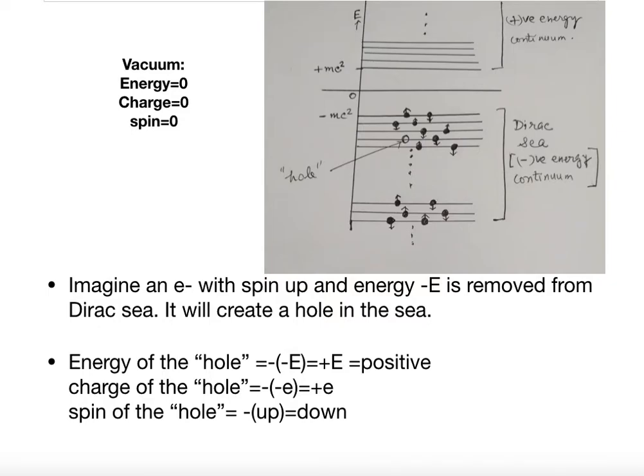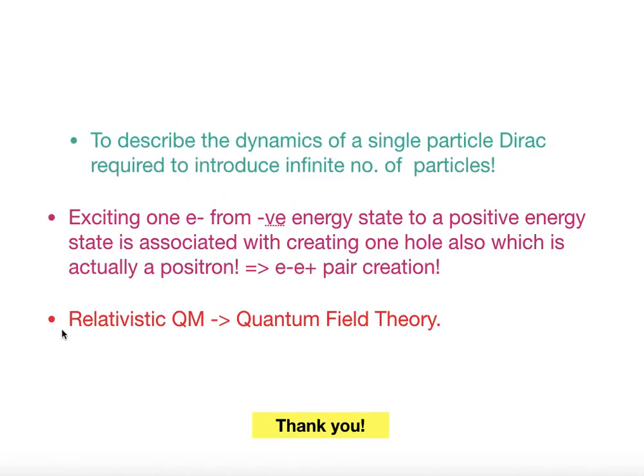So to describe a single positive energy particle, Dirac required an infinite number of particles in the negative energy states, in terms of the Dirac sea. So you may say that this theory is not a single particle theory. You will require many particles.